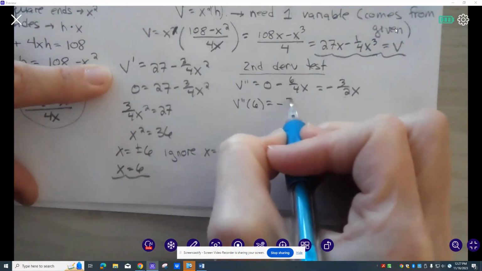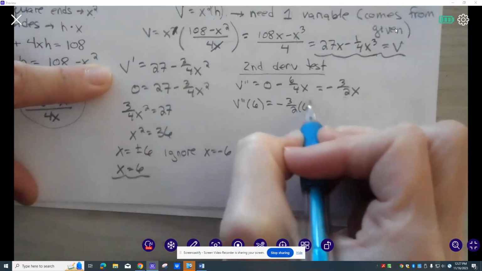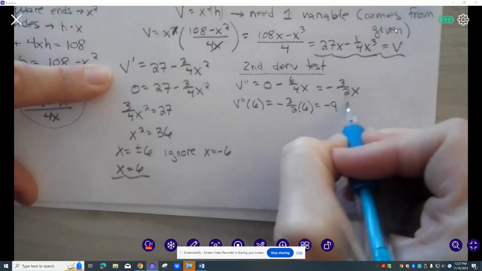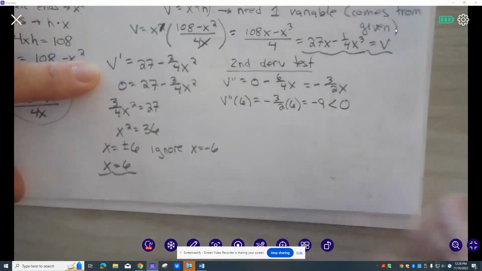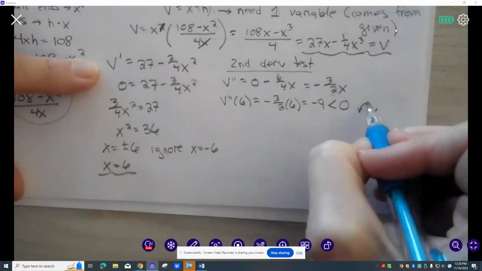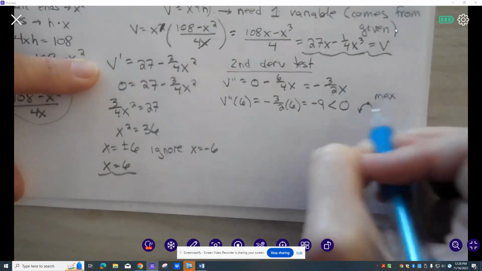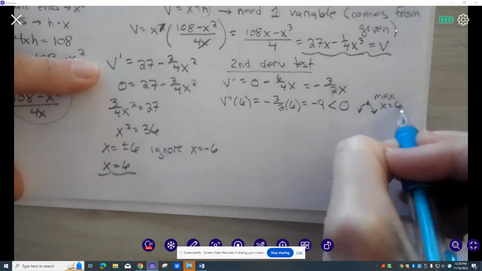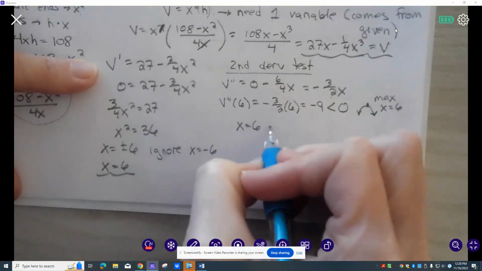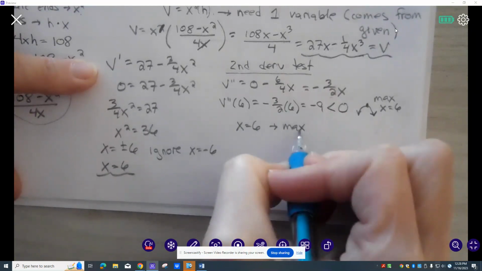I already know I'll get a negative, and that is negative 9. So the second derivative is less than 0, which means my function is concave down, and I do indeed have a max at x equals 6.